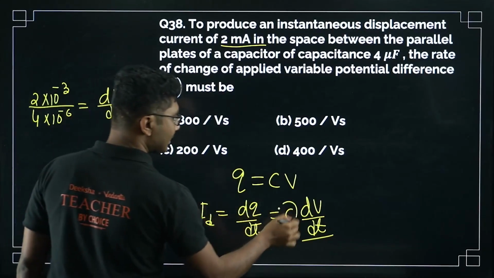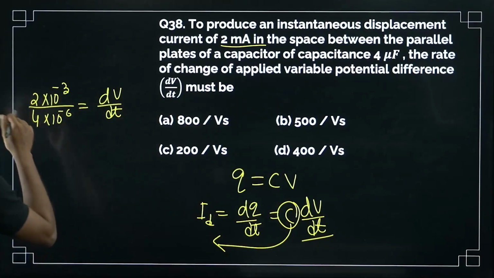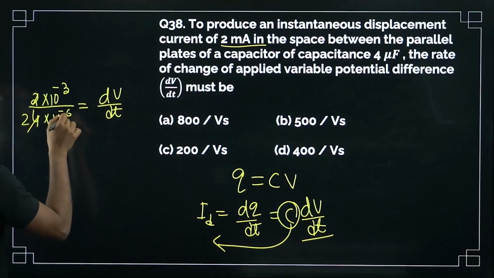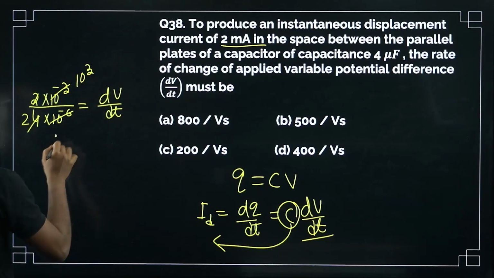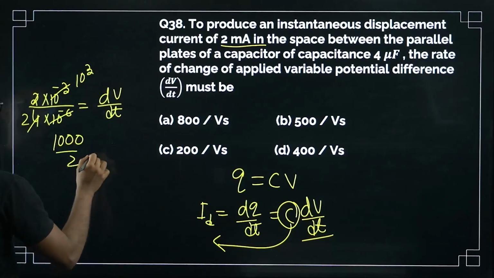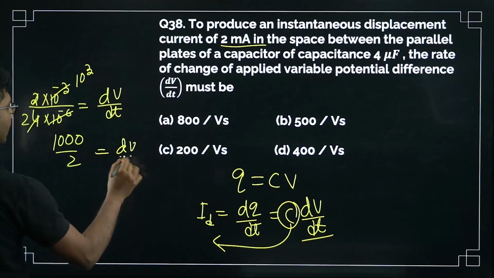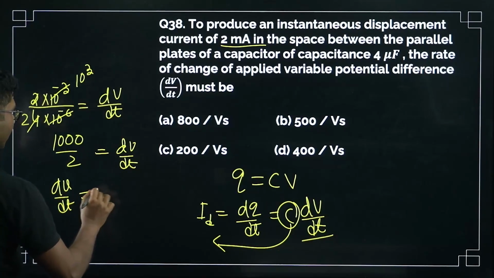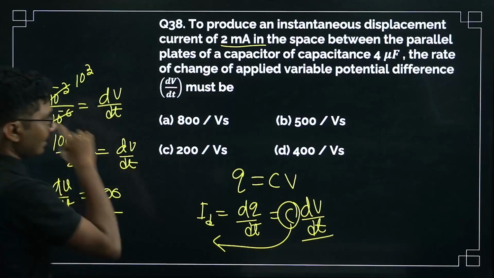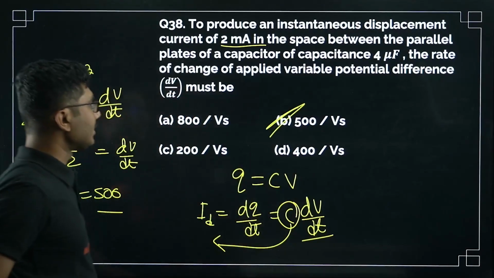We have taken this C and divided over here. So we get 2, and this goes up as 10 to the power of 3. So 1000 divided by 2 equals dV by dt, or dV by dt equals 500. So 500 is the answer.